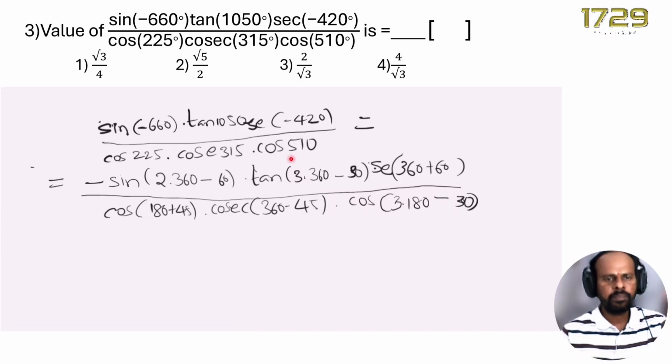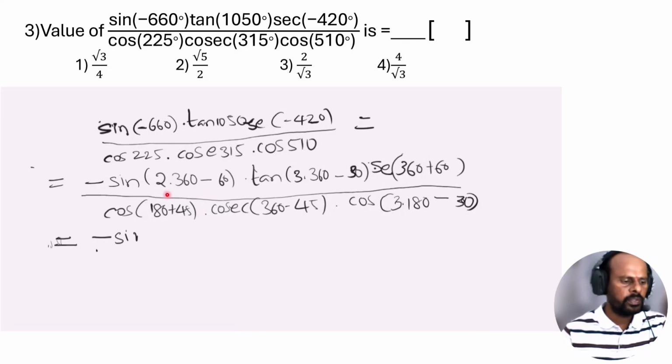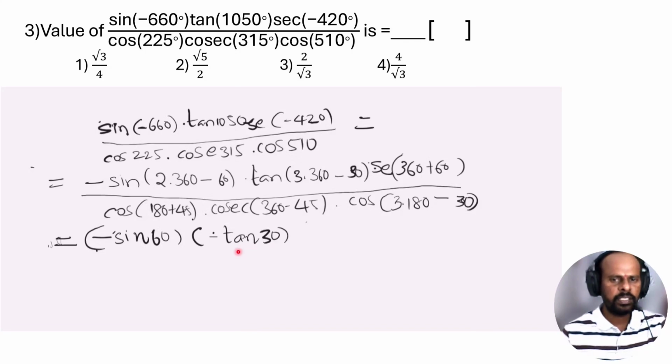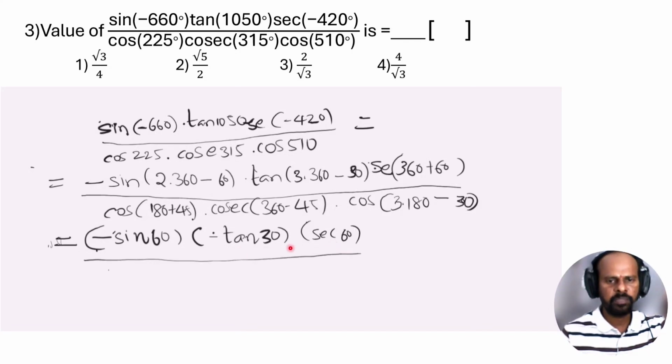And now if you observe 2 times 360, it is in the form of 2 into 2 pi minus theta. This is in fourth quadrant, so this becomes minus sin 60. Sin is minus in fourth quadrant, and tan 3 times 360 minus 30 is in fourth quadrant, so that is minus tan.